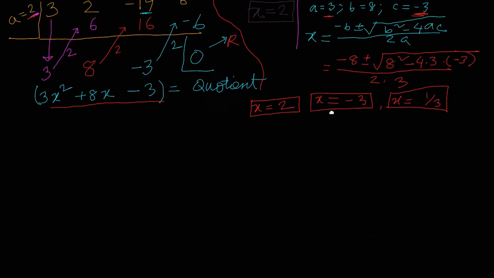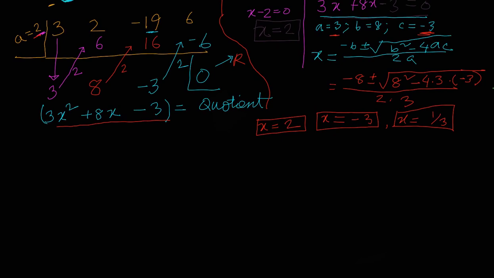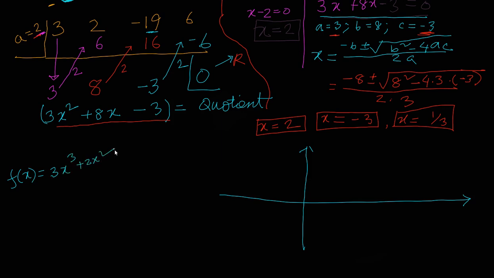Okay, so if I try to very roughly draw the graph, of course I will explain it in a later chapter. So what is my function of x? My function of x is 3x cube plus 2x square minus 19x plus 6.